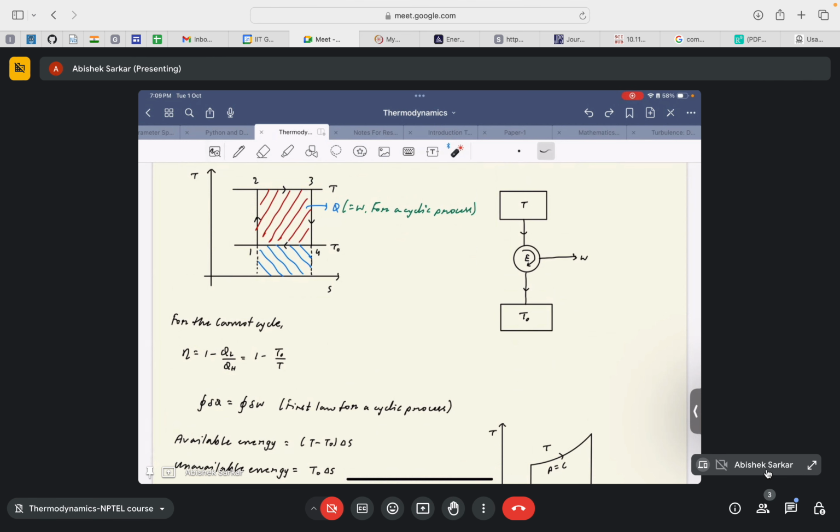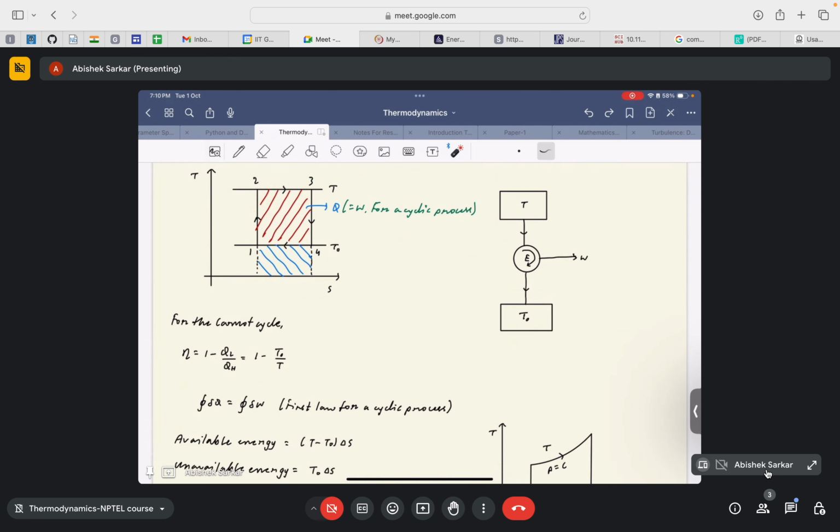In the cycle it will basically be this red line. The area shaded by this red line denotes the net heat produced by the Carnot cycle. And since this is a cyclic process, this will also be equal to the net work achieved by the Carnot cycle. So the net heat interaction is equal to the net work interaction in the case of a cyclic process, right?